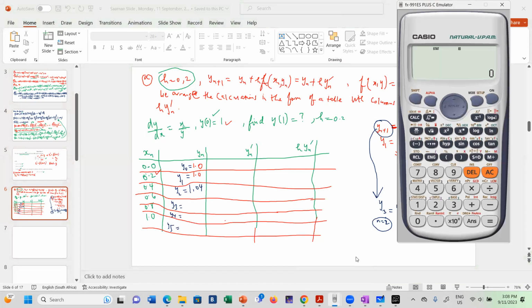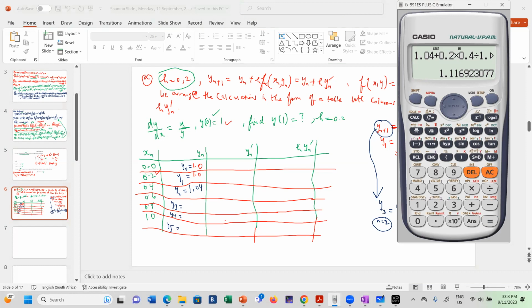So we have 1.04 plus 0.2 times 0.4 divided by 1.04. Let's see what we get. Okay, this is giving exactly 1.116. Let me check in my records. It is the correct answer.